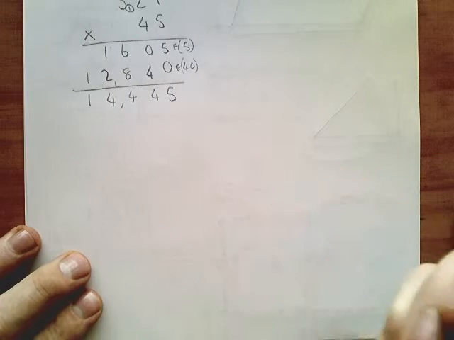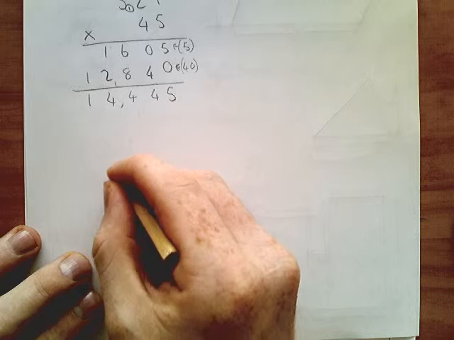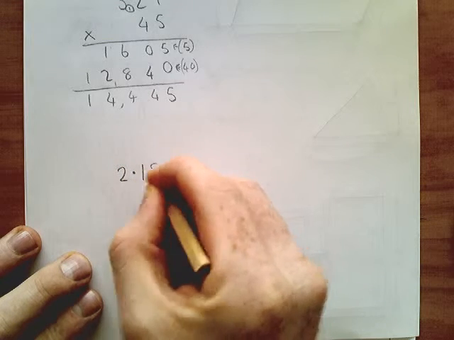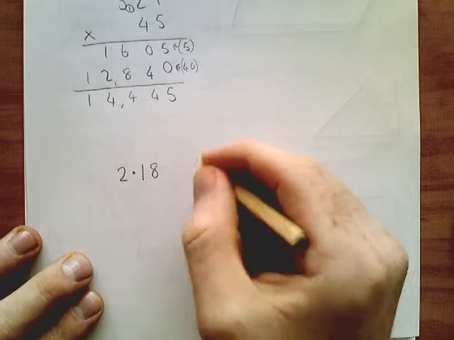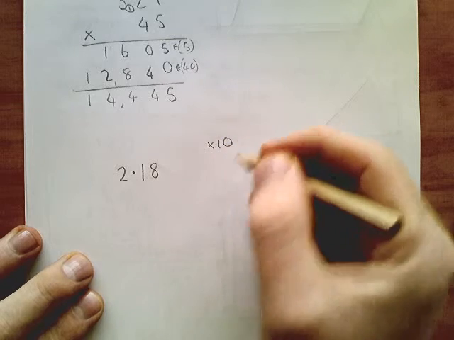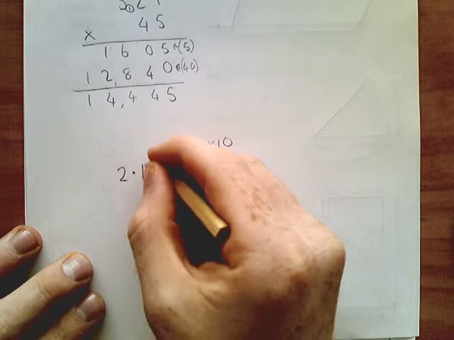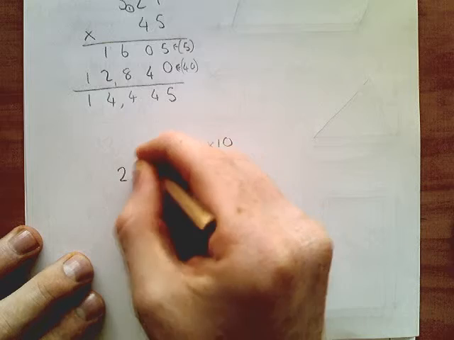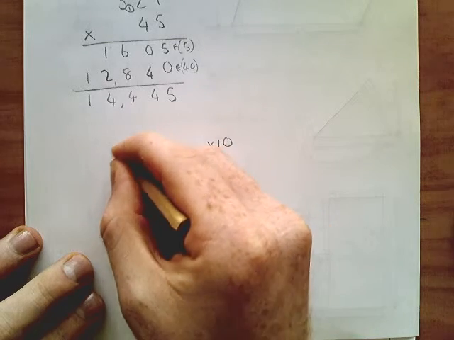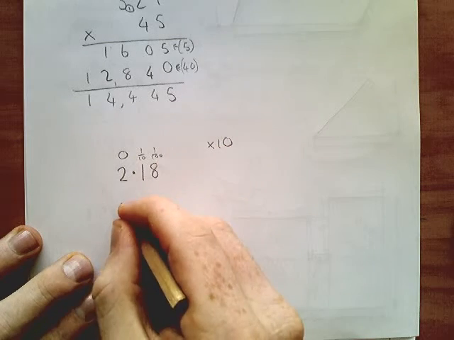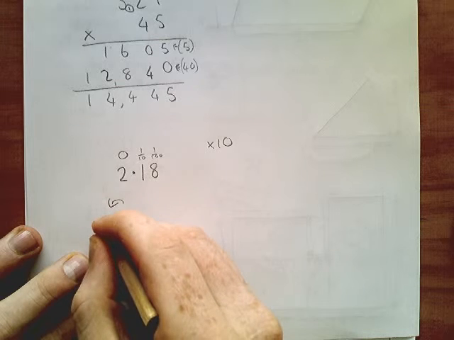So I'm just going to do some examples here. 2.18. If we multiply that by 10, all the numbers are going to shift places. So the 2 is going to jump into the tens column.